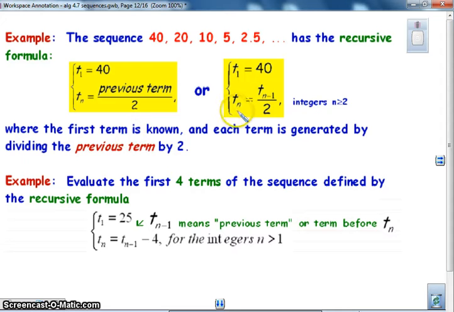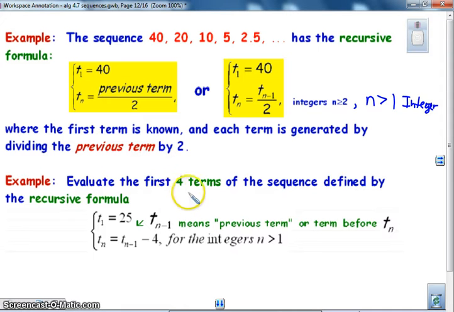Well, if this is n, the term before it would be n minus 1. You'll always notice it'll usually say integers for n greater than or equal to 2, or it might say where n is greater than 1 for all integers. If it's all integers greater than 1, remember the first integer greater than 1 is actually 2. The first term is known, and each term is generated by the previous term.